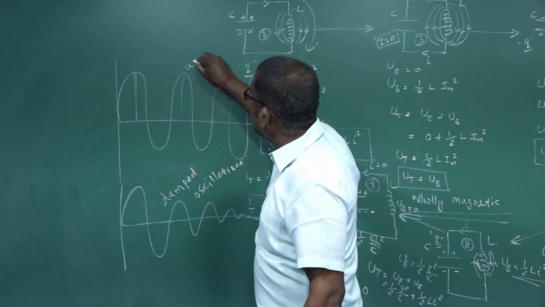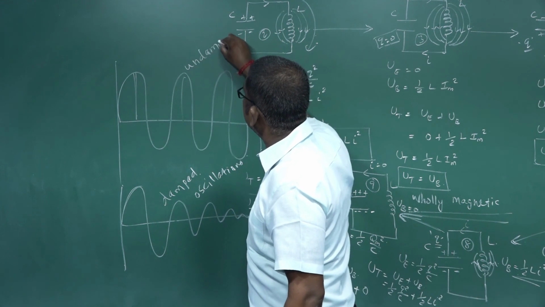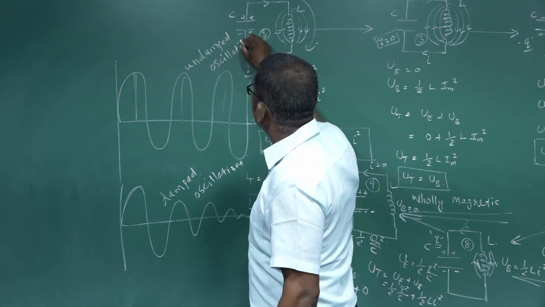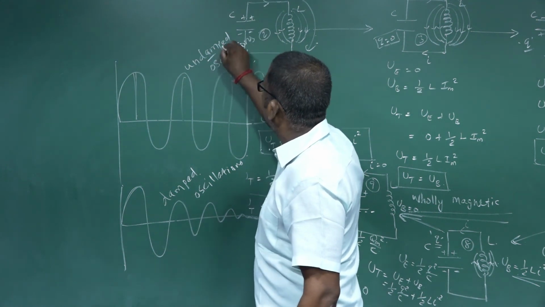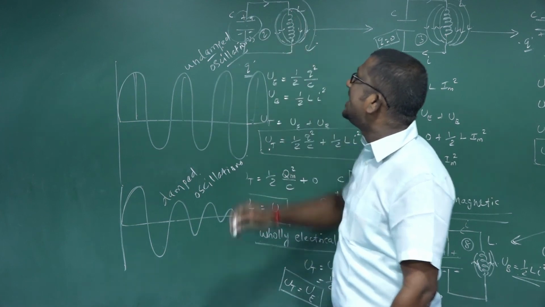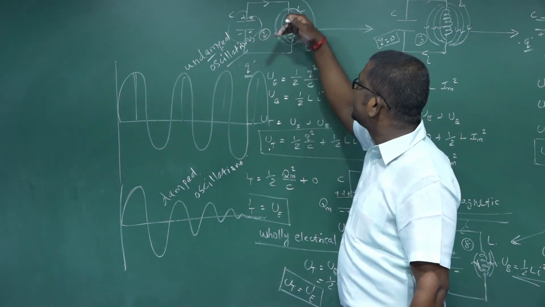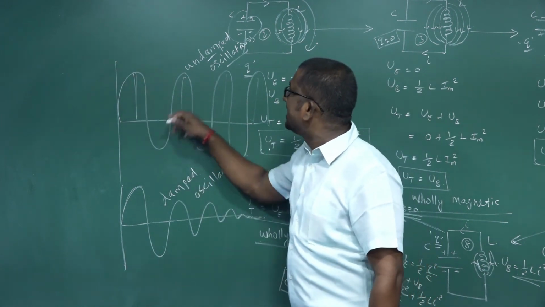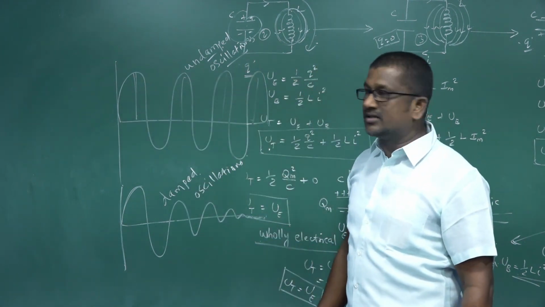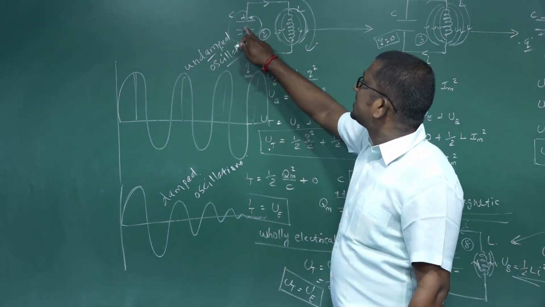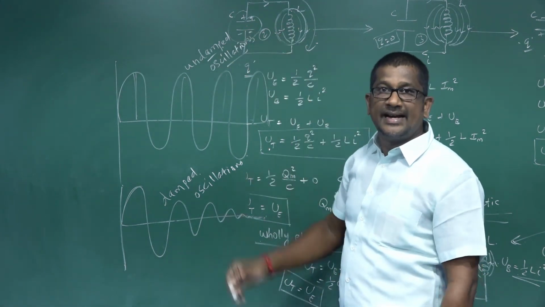This is undamped oscillation. If the inductor and the capacitor are ideal, the oscillation exists in the LC circuit indefinitely, so we can get undamped oscillation. But practically, no capacitor is ideal, no inductor is ideal.